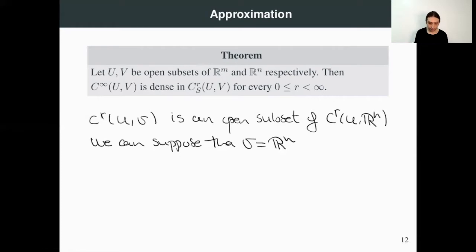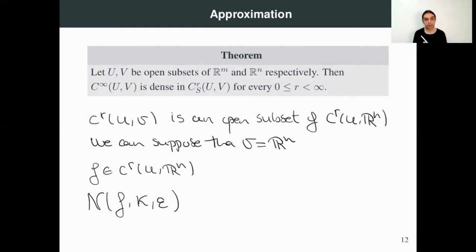Okay, now let us fix F as a CR map from U to Rn. And let us consider a subbasic neighborhood of F. So something like this.